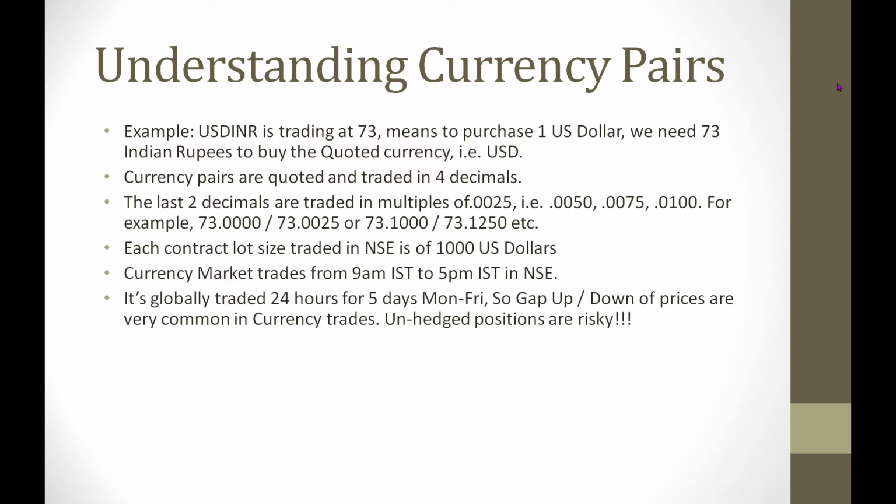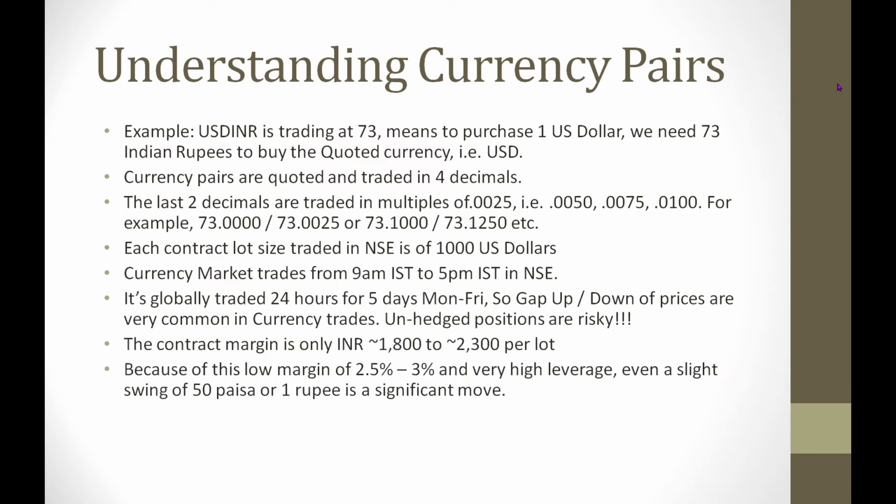So if you have left an open position at, let us say, 73, chances are highly likely that it can open a gap up of 25 paisa or a gap down of 25 paisa. Sometimes we have seen a rally of up to 1 rupee in a single day, and we have also seen rallies up to 3-4 rupees within one calendar month.